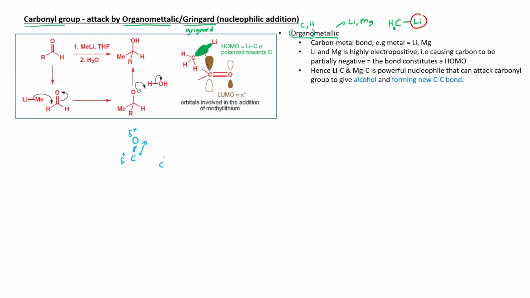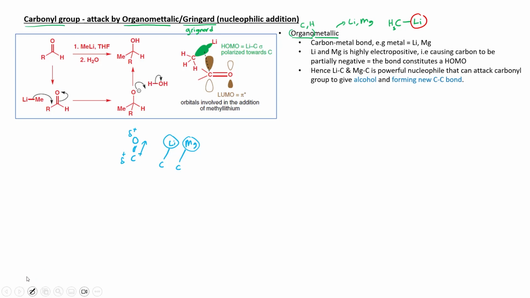But now when you have the metal lithium or magnesium bonded to carbon, the opposite will happen, because magnesium and lithium are electropositive, so carbon is more electronegative compared to magnesium and lithium.